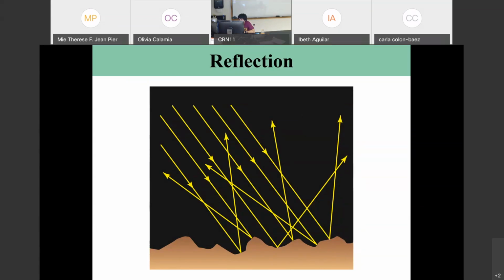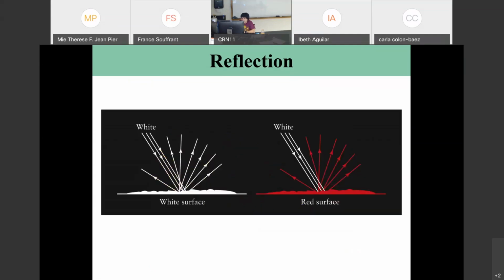So you will have them leaving in different directions. You still have the law of reflection, but it's more like random directions. You have different V's. See what I mean? Here, there, but then you have this one.